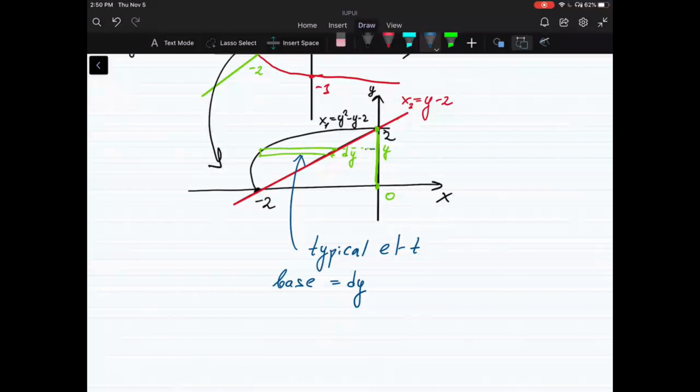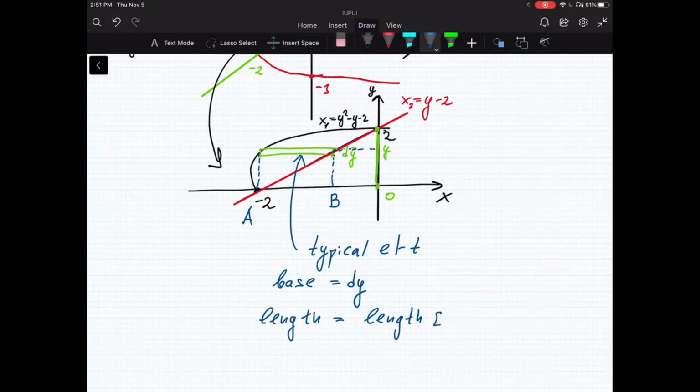For this y, I have the corresponding x. Let's call it b. And also, for the same y, I have this point, let's call it a. In general, it can be not minus 2, but just some point a. And so my length will be the same as the length of interval AB.